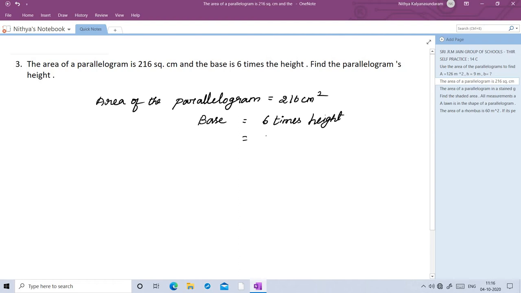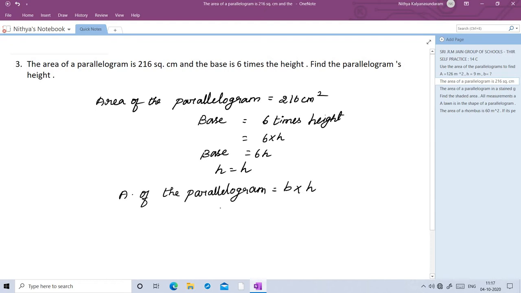So write height as h. 6 into h is 6h, that is our base. Height is h as it is. Then area of the parallelogram equals base into height. So 216 centimeter square equals base 6h into height h. So 6h into h is 6h square.